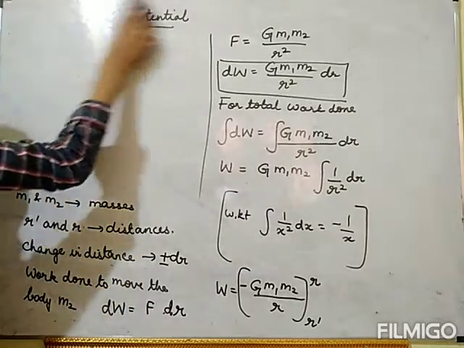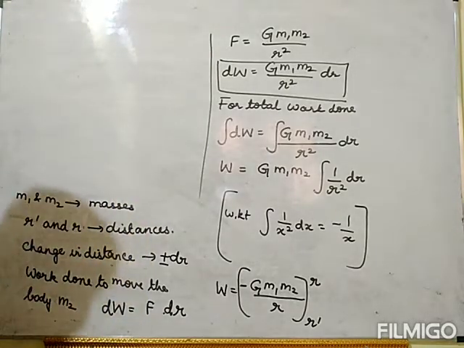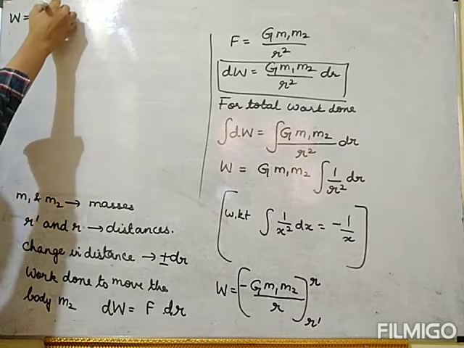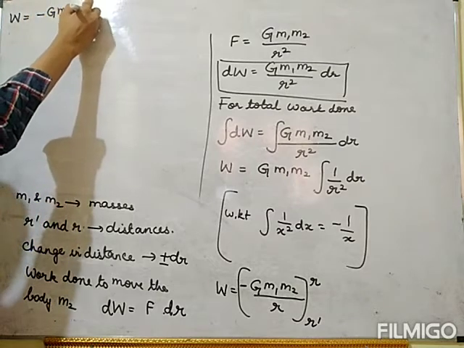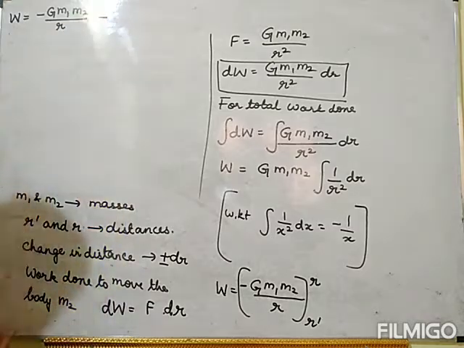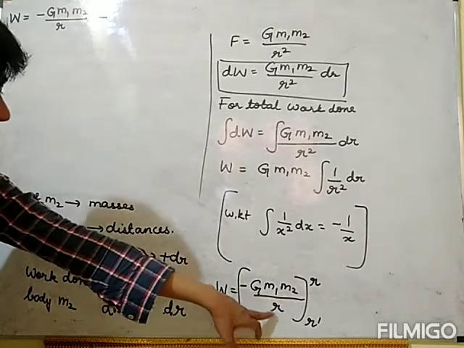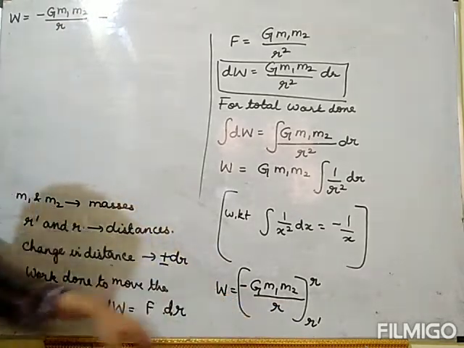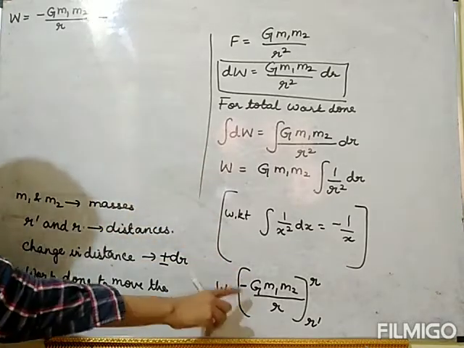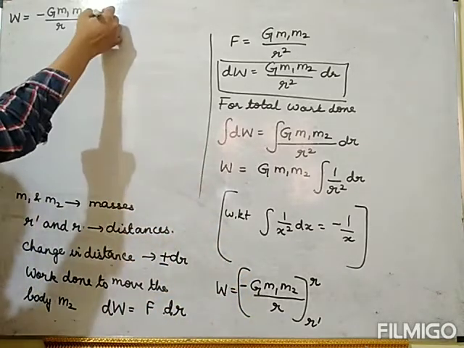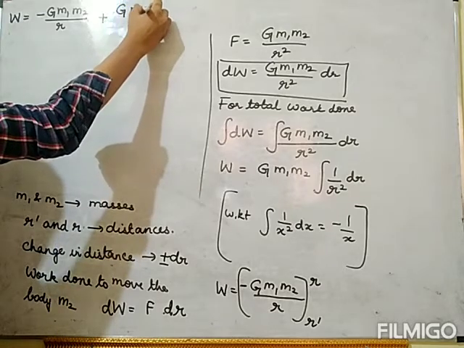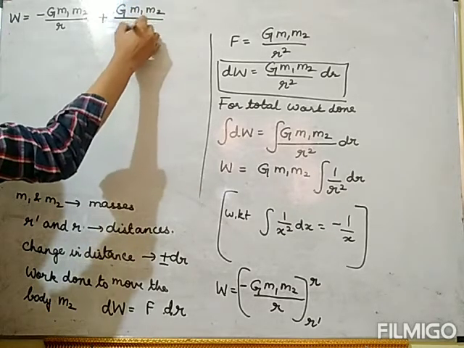Substituting the upper limit, W is equal to minus G m1 m2 by r, minus the lower limit. In the place of r, I substitute the lower limit. Minus into minus gives plus G m1 m2 by r dash.